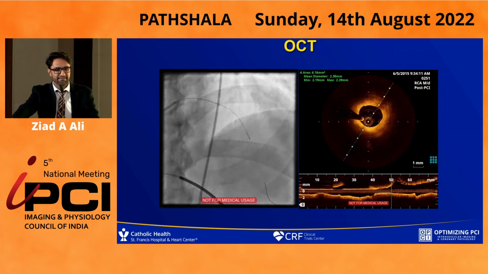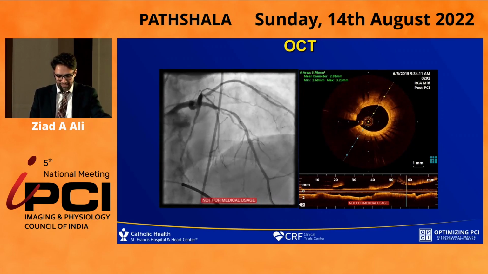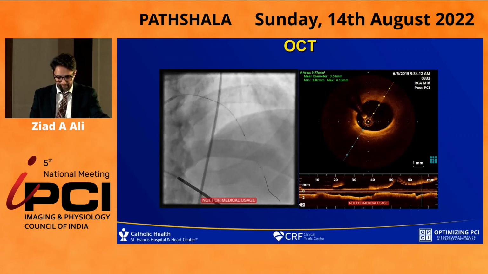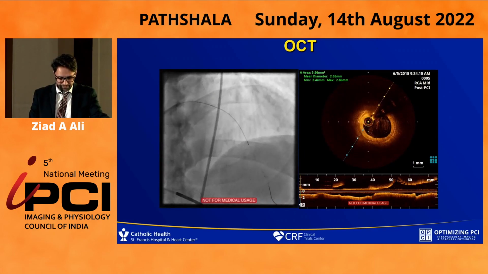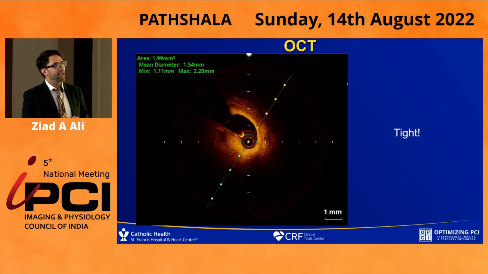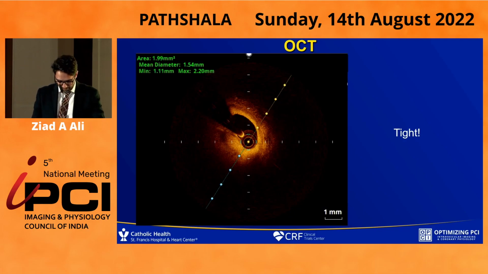It's pretty tight. It says LAD. There's his previous stent. So this is somewhat in-segment. That's pretty tight, right? So I'm trying to decide, what do I do now? The lumen area is 1.99. There's plaque there, but the FFR is completely normal.